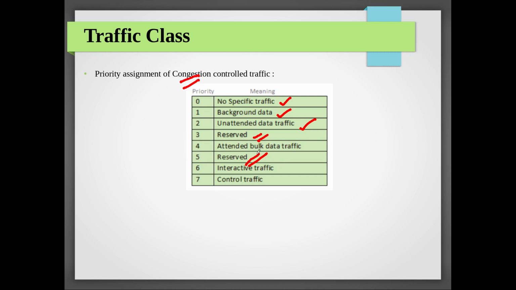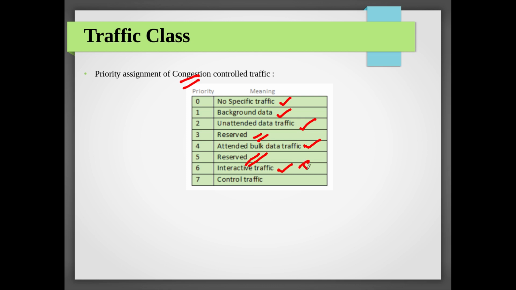Okay. Now this class is unattended bulk data traffic. This one is unattended data traffic. This is attended and bulk traffic, which means both the sender and receiver are active at the same time. Interactive traffic, right?